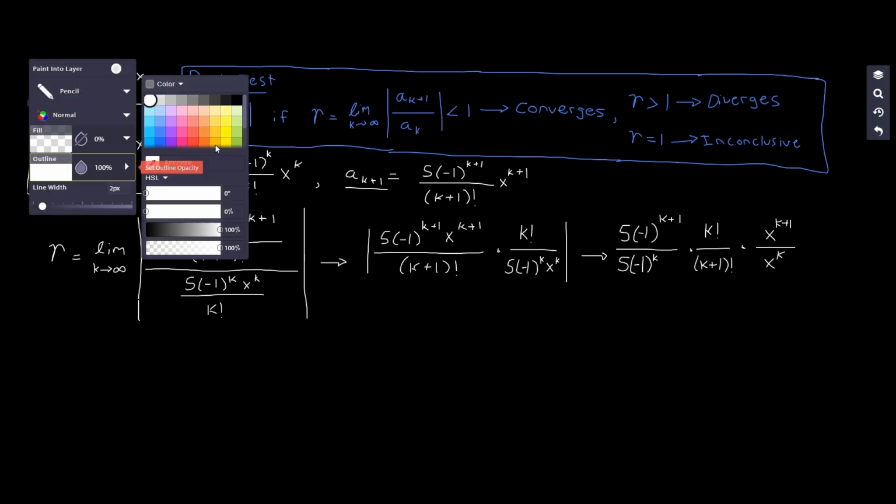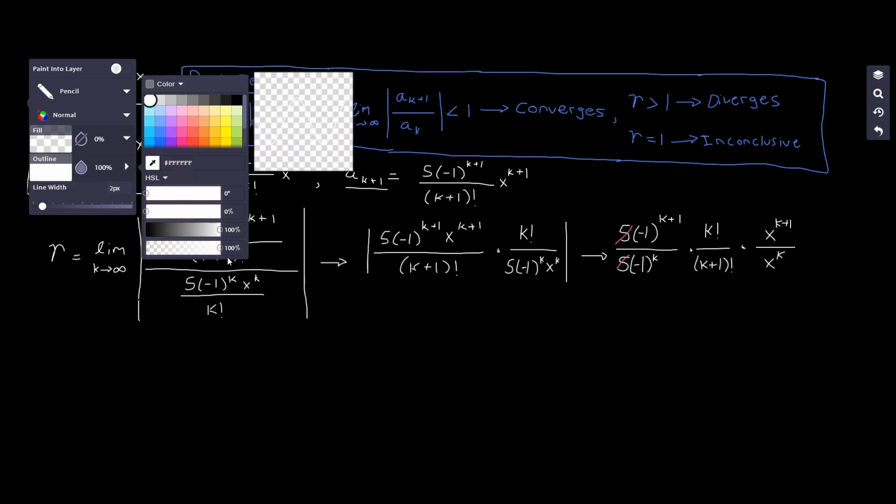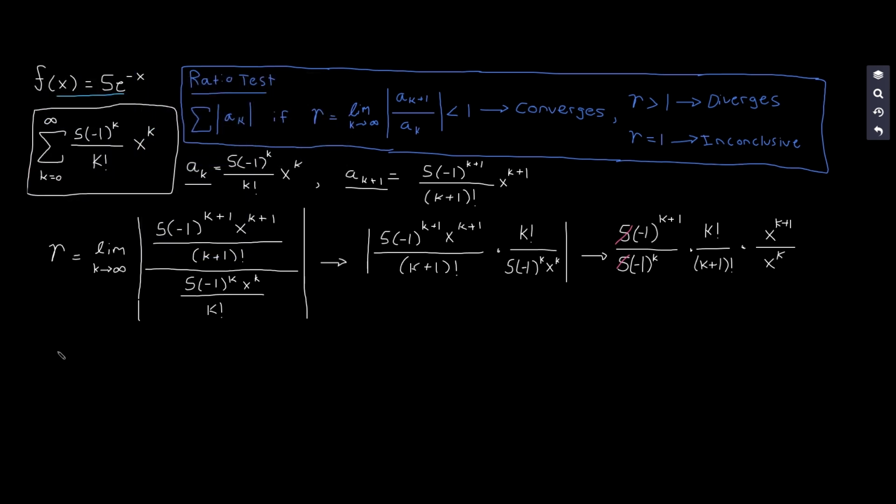So we'll find that these fives are going to cancel. These fives are going to cancel. And then, since those fives cancel, we're going to have negative 1 raised to the power of k plus 1 over negative 1 raised to the power of k, and we'll deal with that in a minute because we want to factor this k factorial fraction, because k plus 1 factorial is the same thing as k factorial times k plus 1.